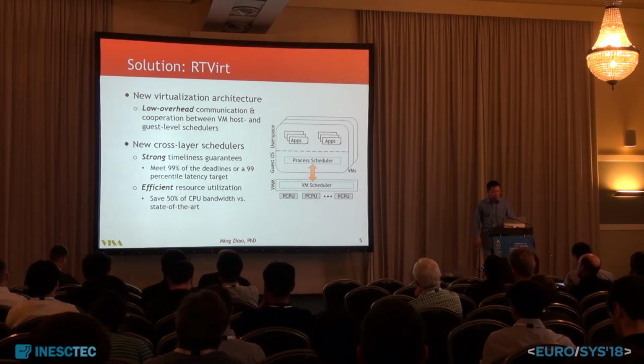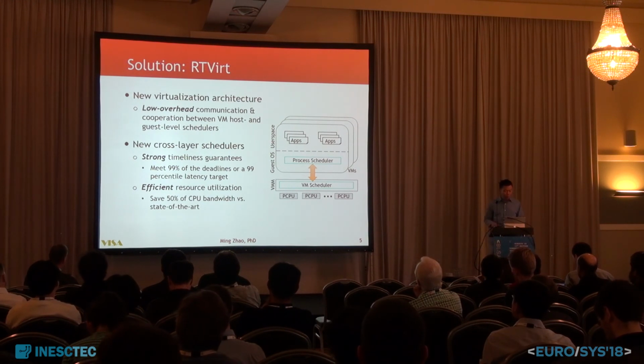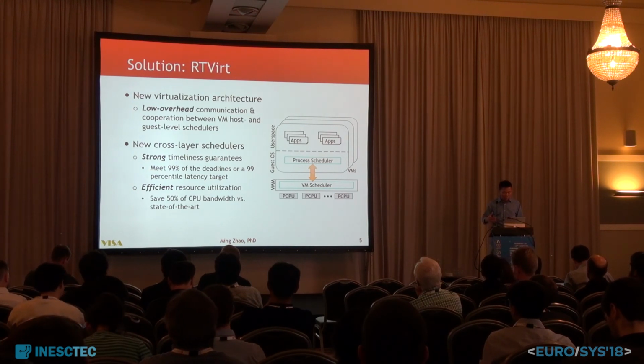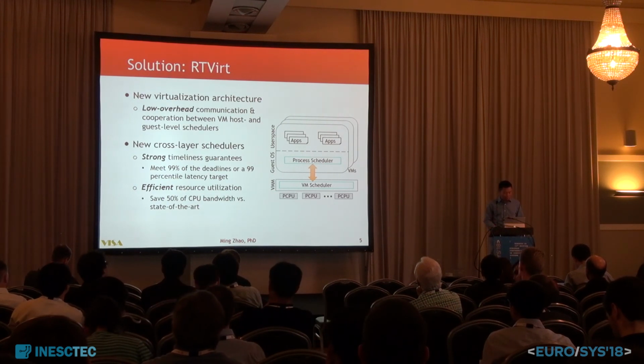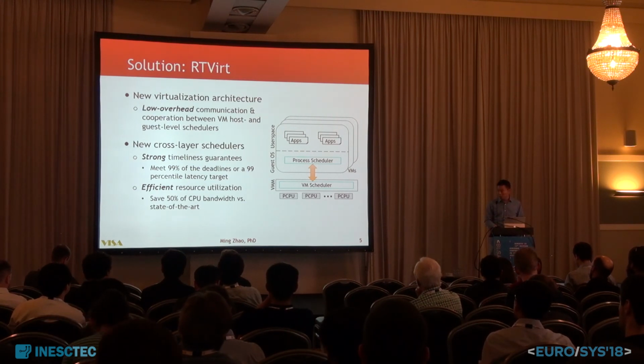To solve this problem, our solution is called RTVirt. Our solution is based on 2 levels of work. First, we designed a new virtualization architecture which allows the guest and the host to communicate and cooperate on scheduling. And this cooperation has to be low overhead because we're trying to support fine-grained timeliness requirements.